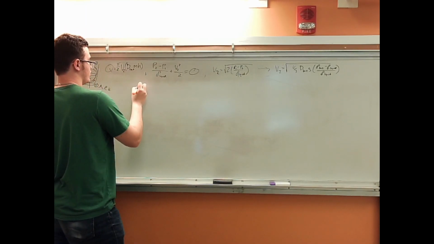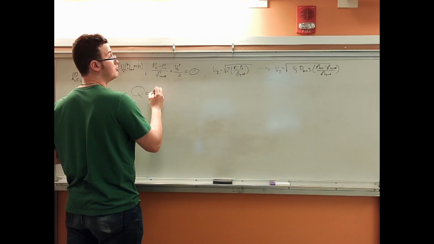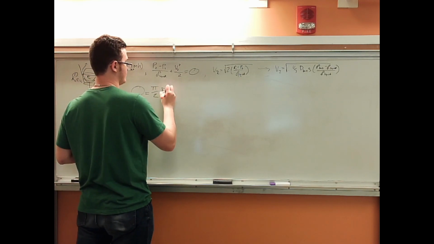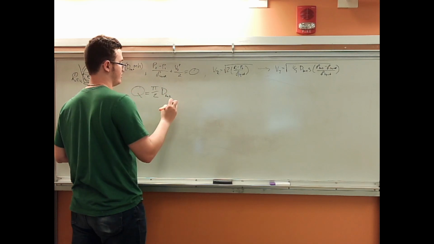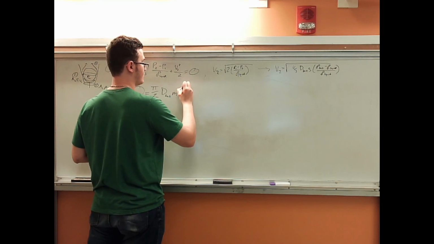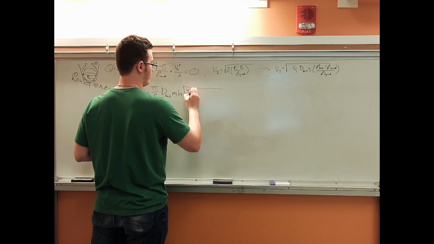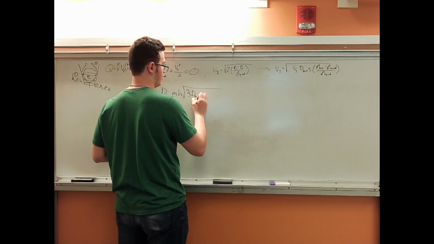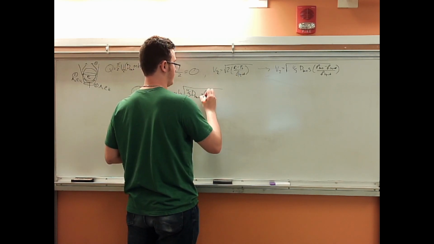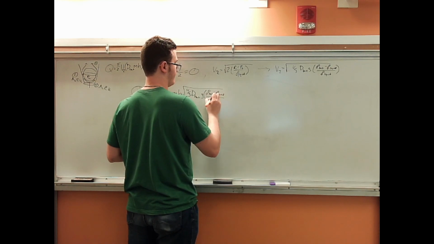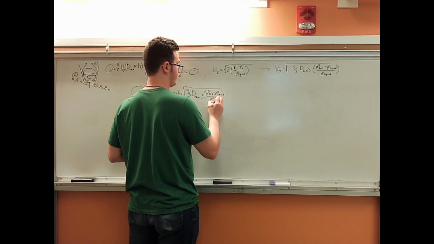So, Q is equal to pi over 2 times the diameter of the ball times the slope times the height times the square root of 4/3 diameter of the ball times the gravitational constant times the density difference between the ball and the liquid divided by the density of the liquid.